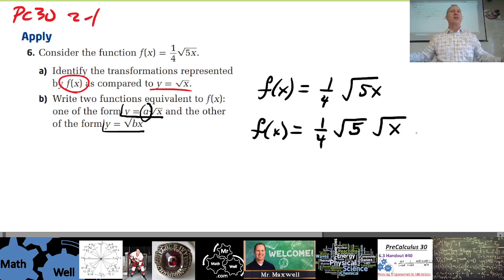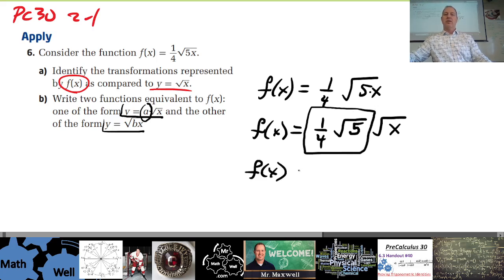Remember we did that in grade 10? So you can split this up into factors. And therefore, now I have this to combine, and that is my a value. So here's the equivalent. It's root 5 over 4 root x.